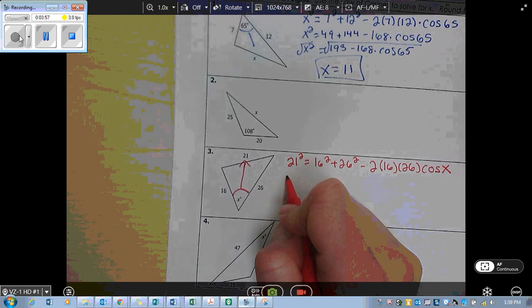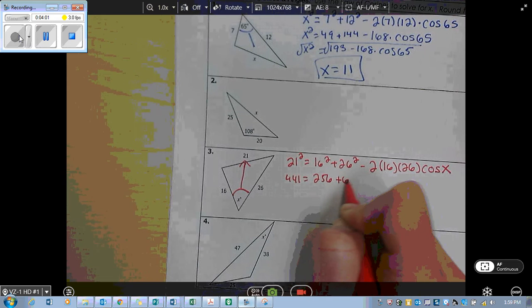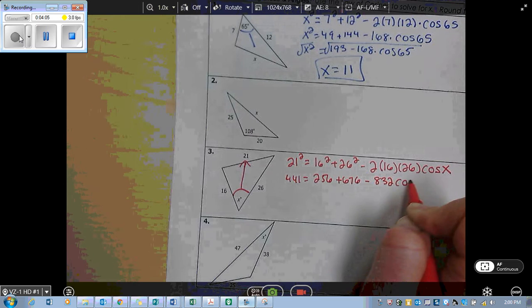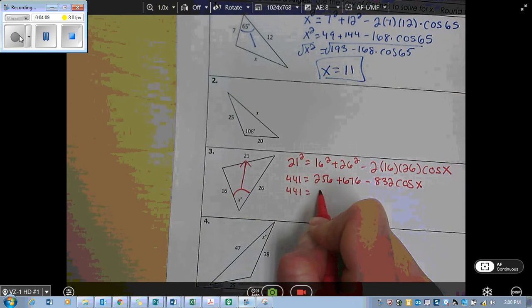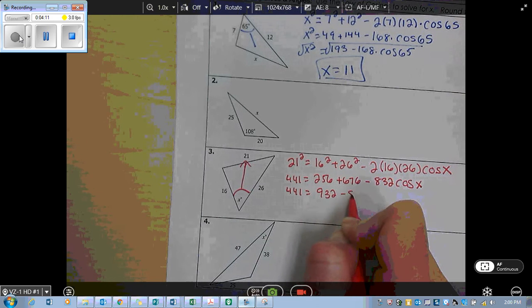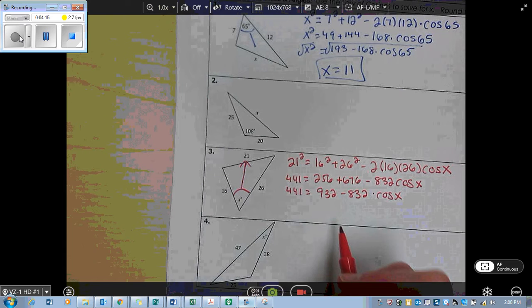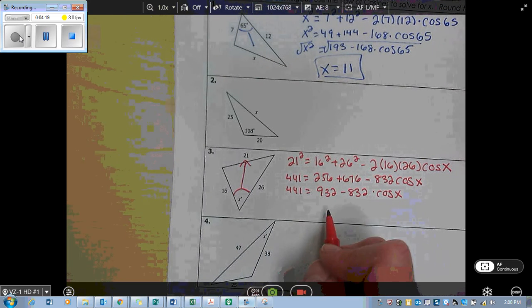Alright, so then I have 441 is equal to 256 plus 676 minus 832 cosine X, and 441 is equal to 932 minus 832 cosine X. So now I'm going to just isolate this 832 cosine X first.